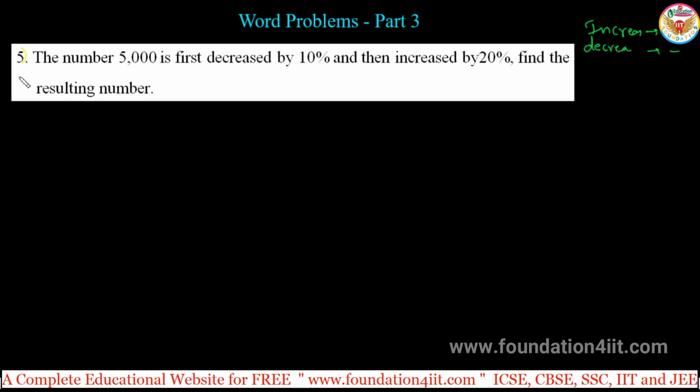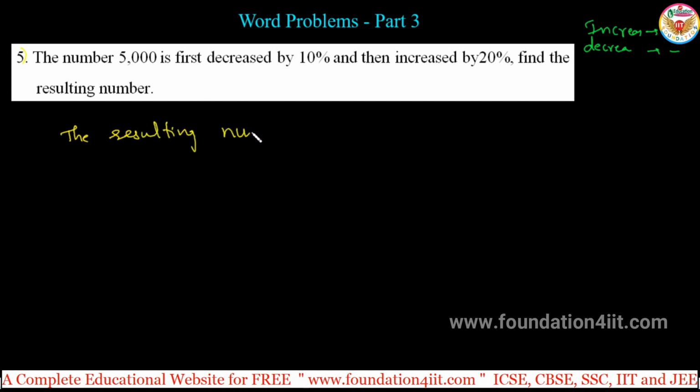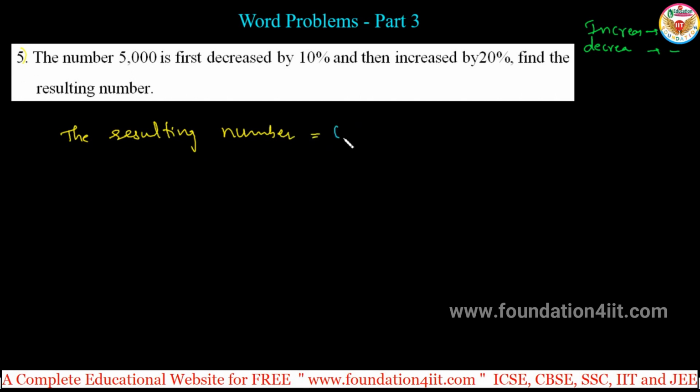Let us see the formula now. First it decreased by 10%, then increased by 20%. The resulting number you should always take from the original number. The original number is 5,000.